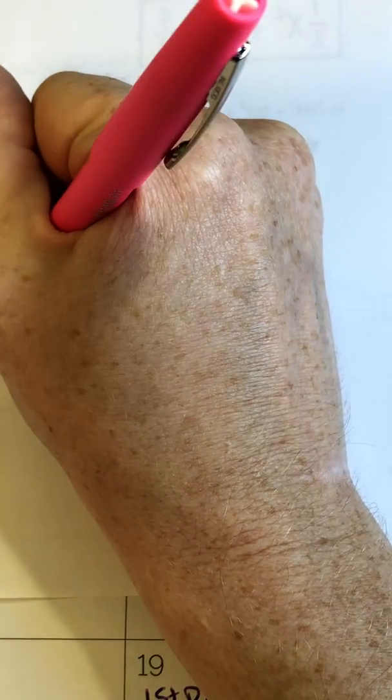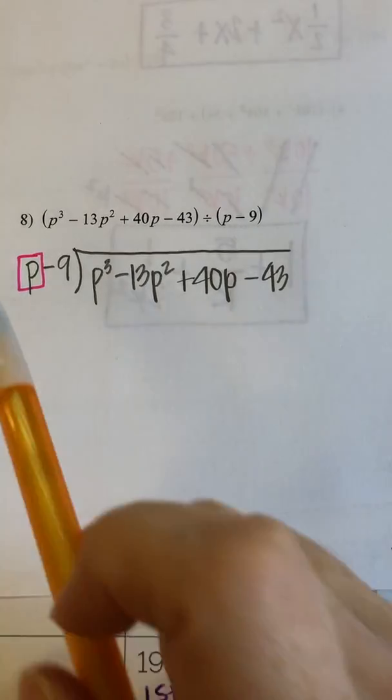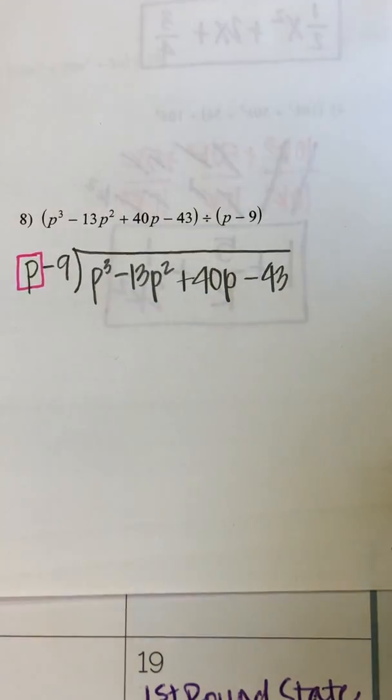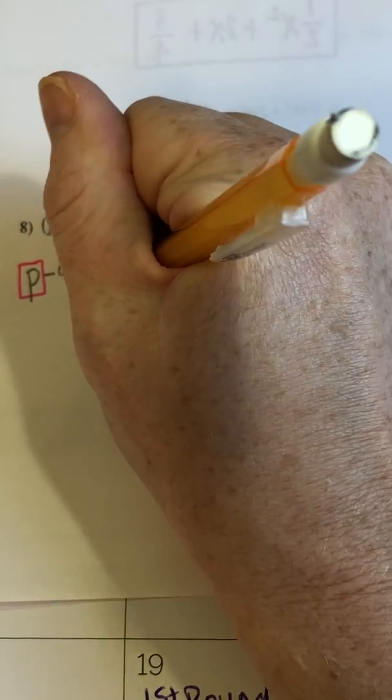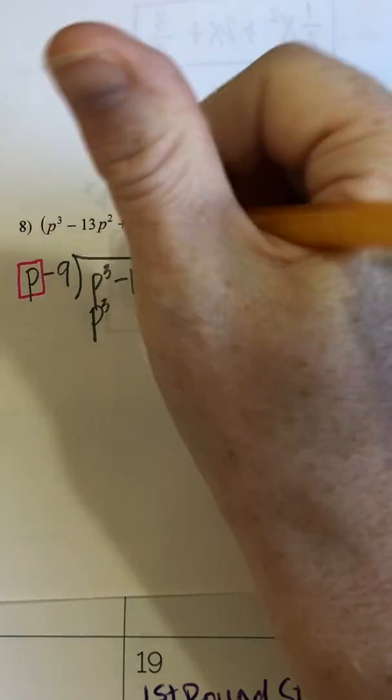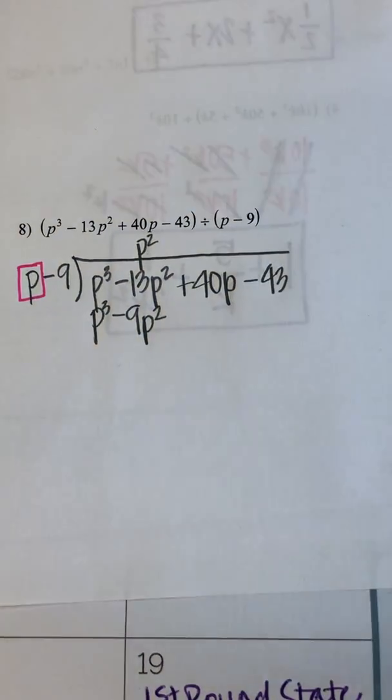So I have p that I'm focusing on. What can I multiply by p so that I get p cubed? P squared. P squared times p is p cubed, and p squared times negative 9 is negative 9p squared.